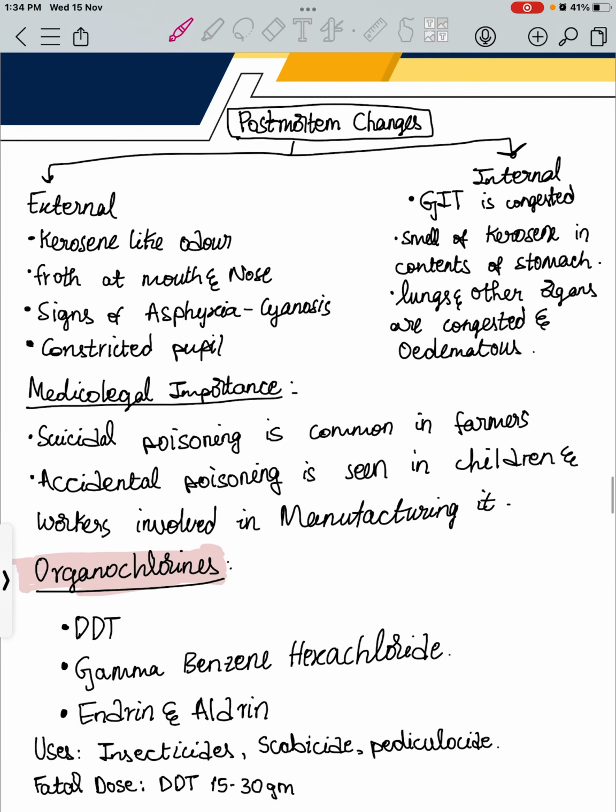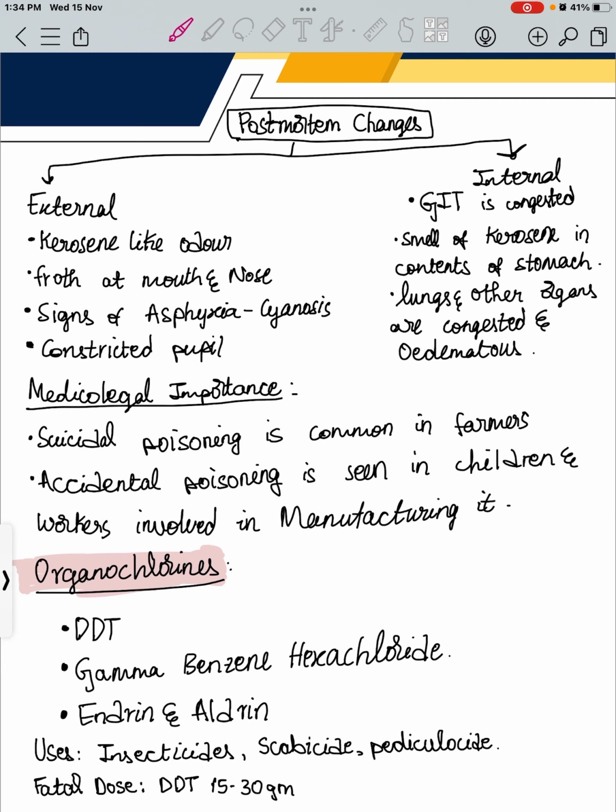Post-mortem changes seen in poisoning: external changes include kerosene-like odor, froth at mouth and nose, signs of asphyxia, and constricted pupil, miosis.